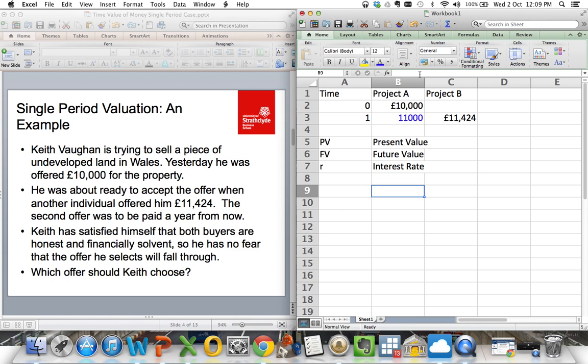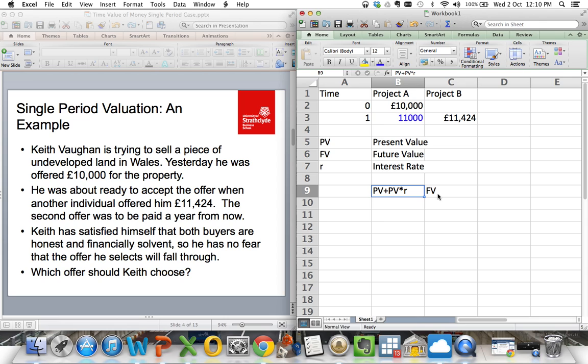Well, if we wanted to find the interest rate that equates project A, the 10,000, with project B, so that you're indifferent between the two projects, then you would say PV plus PV times R, where this part here is the interest that you earn on the original amount, must be equal to the future value.